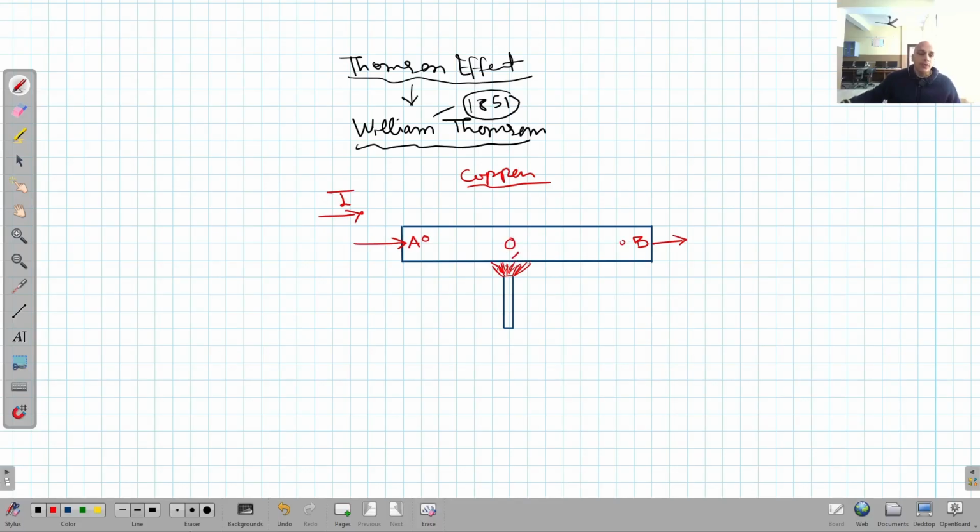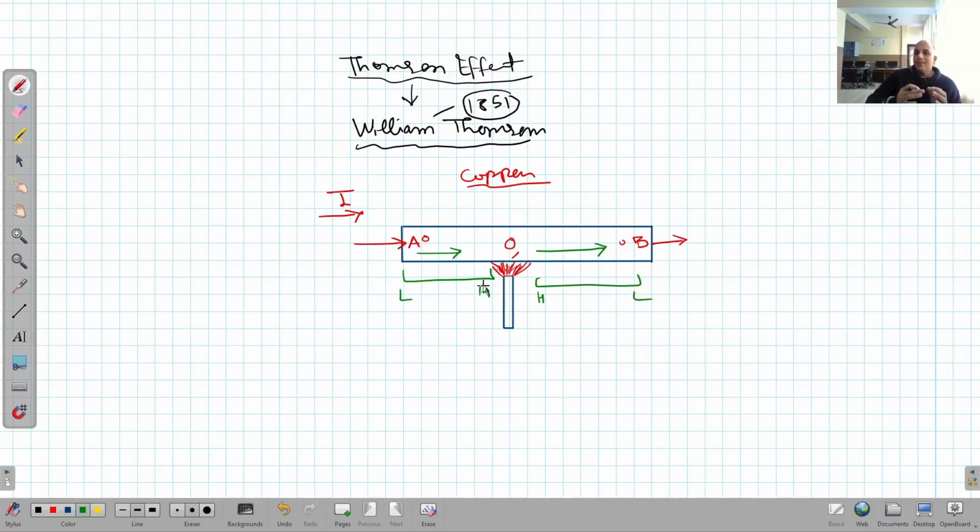Now you can see that in this region the electric current is going from a low temperature region to a high temperature region, whereas here the electric current is going from a high temperature region to a low temperature region. I can say low to high and high to low.